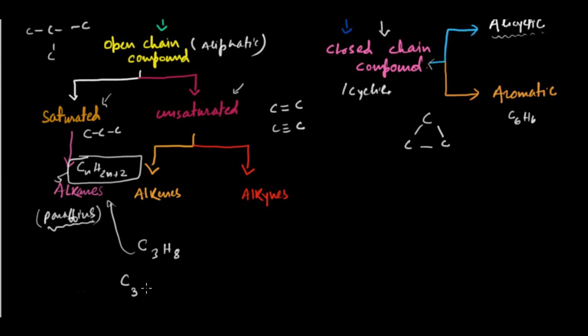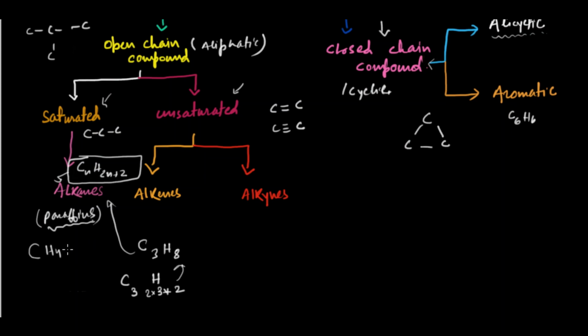So I'm writing 3 in the formula: 3 into 2 plus 2, so 3 into 2 is 6, plus 2 is 8. So this is basically an alkane. We can take a very basic alkane example, CH4, methane.